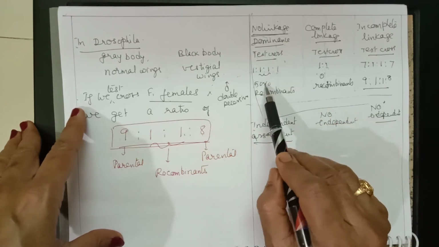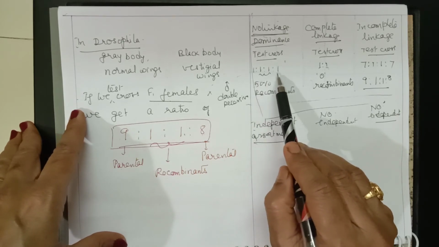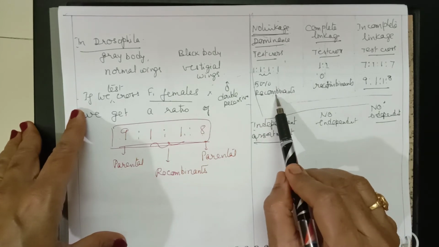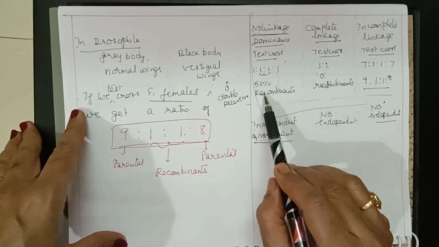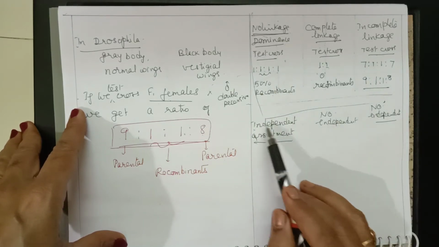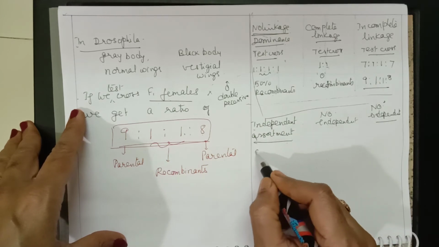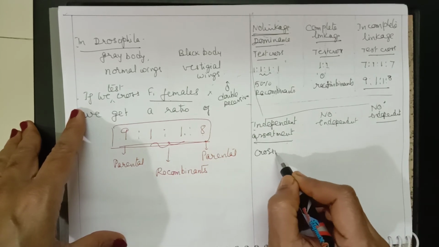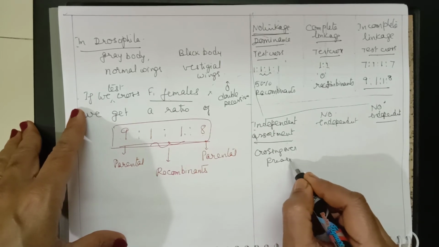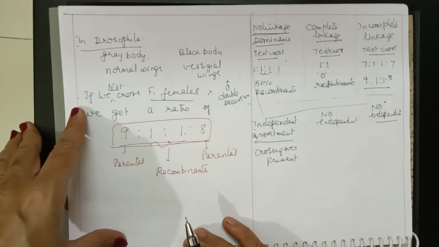The test cross ratio is 1:1:1:1. There are 50% recombinants in this ratio. That is, independent assortment is present and we also observe crossing over.